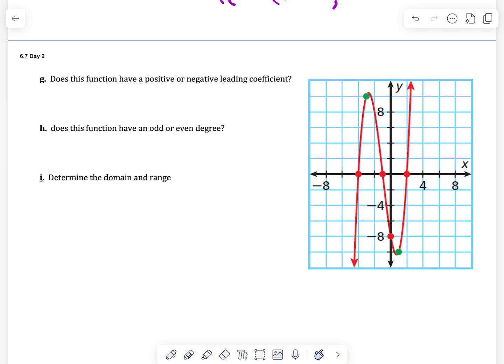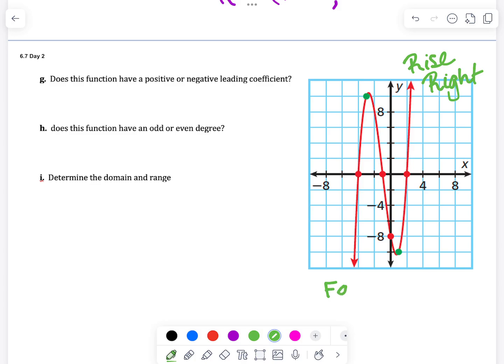And then does this graph have a positive or negative leading coefficient? So that brings us back to our end behavior. Notice that it's rising on the right and it's falling on the left. So in a previous lesson, we worked with end behavior. So this is going to be an odd degree because both of them go in opposite directions.